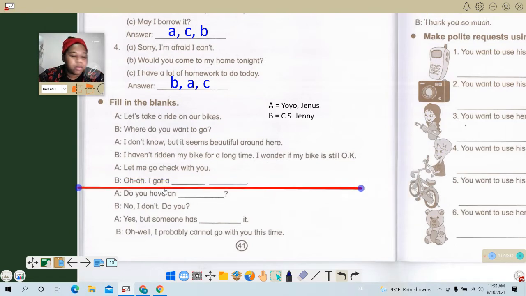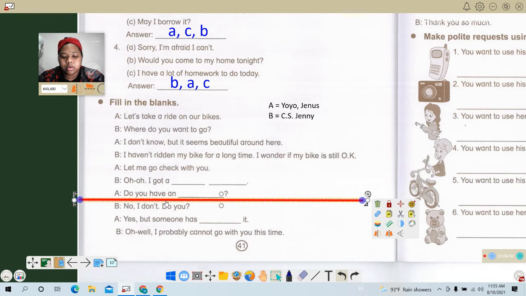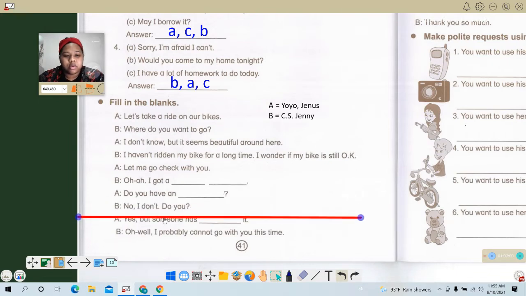Oh, I guess I got... Do you have an... No, I don't.